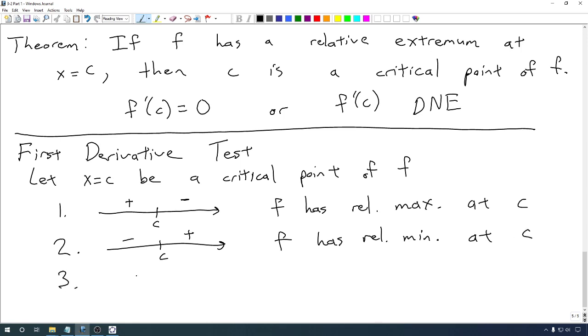And our third possibility is where the sign of our derivative doesn't change. It's either increasing on both sides of c, or it's decreasing on both sides of c. Basically, the two other cases of having minus on both or having a plus on both. We could have considered these as two separate cases, but the result is the same either way.